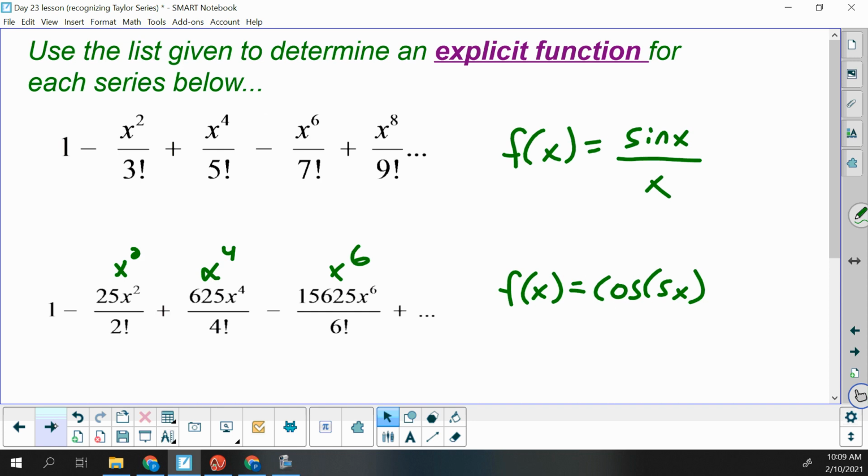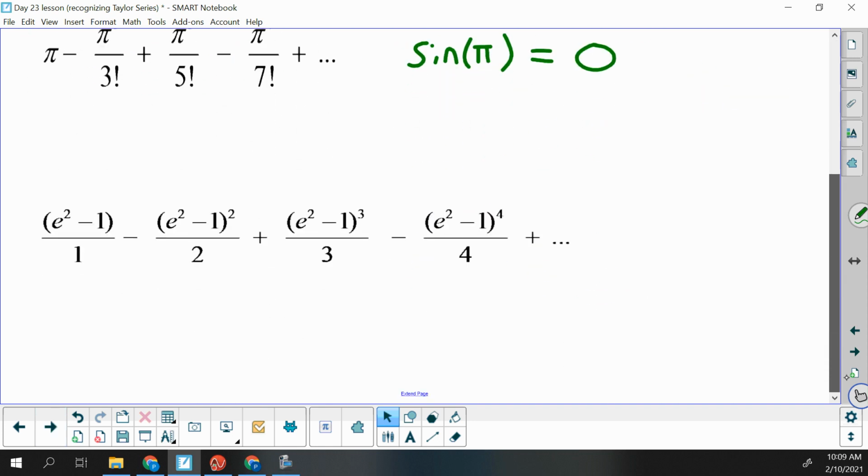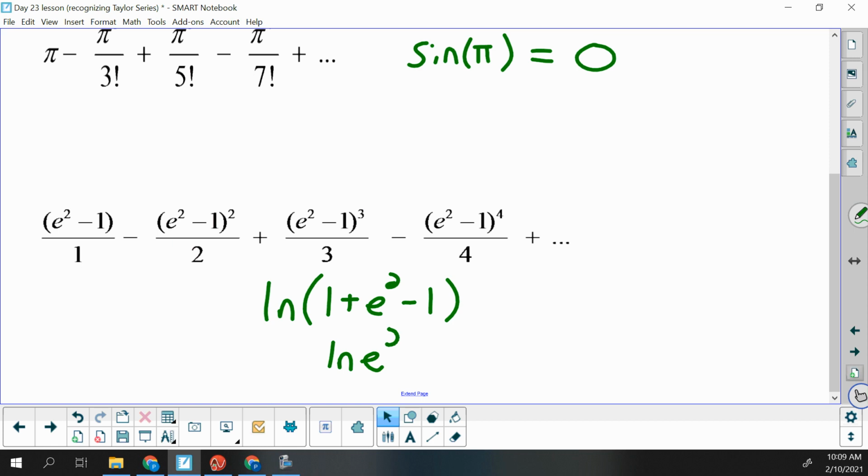So we've just got to think about what has been subbed in for x. So we're going to have natural log of 1 plus something. And notice the thing that was subbed in for x was e squared minus 1. Combining like terms is natural log of e squared, and natural log of e squared is just 2, because that's really 2 times natural log of e, and natural log of e is just 1.